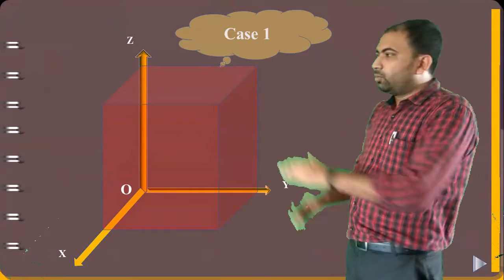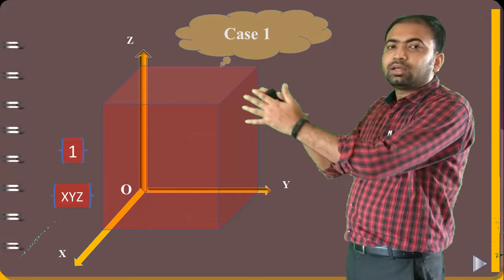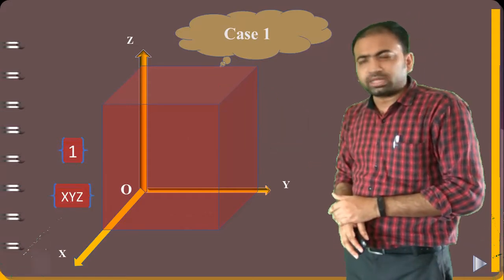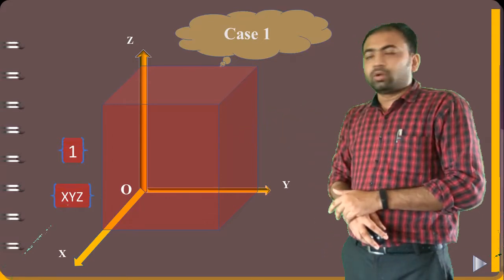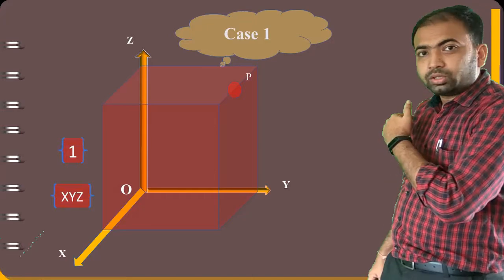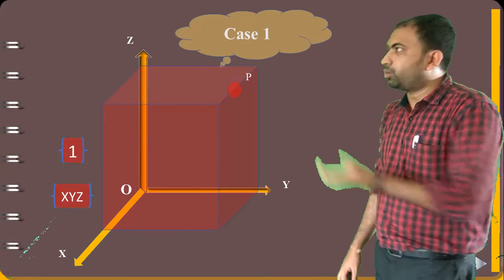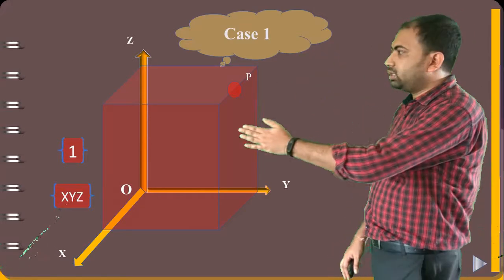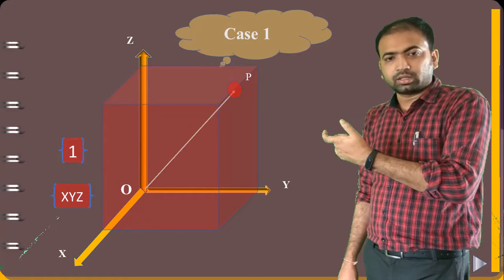Frame 1 we represent in curly brackets, or in XYZ also we can represent. Next we have the point P, for which we have to do mapping, located at any point in space. And you can see OP also, that is a vector, right?